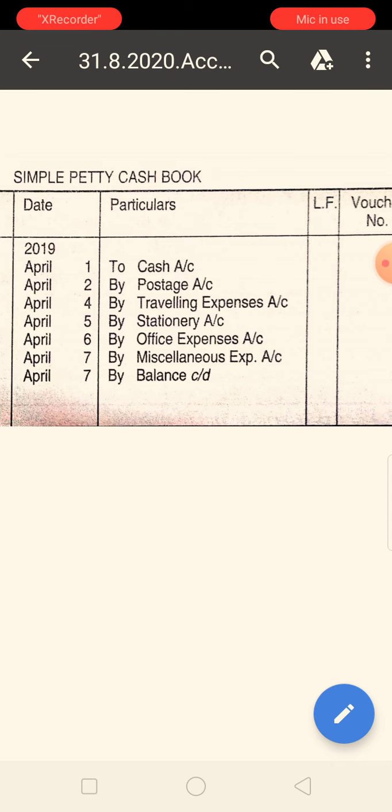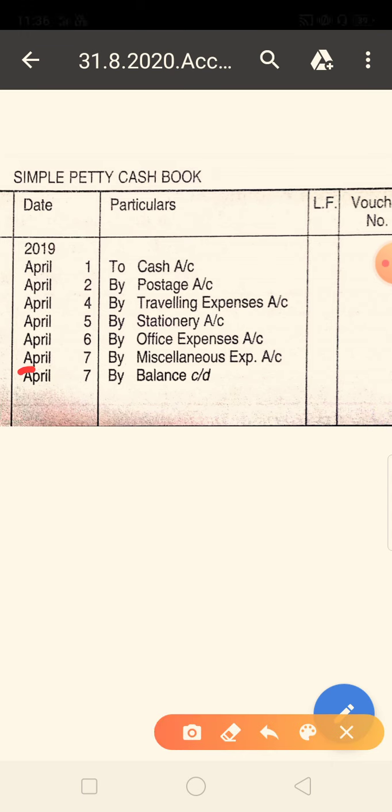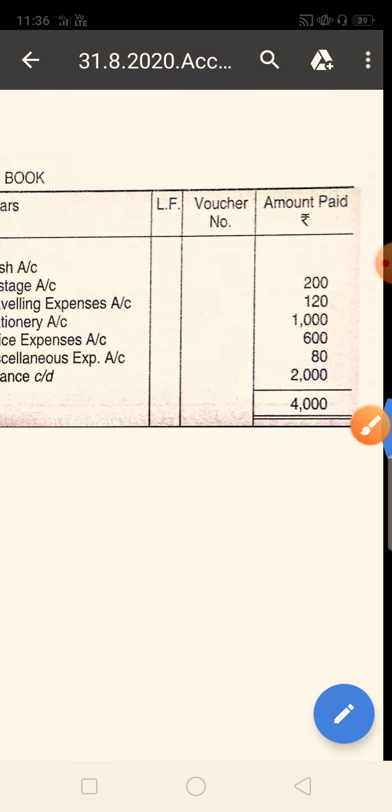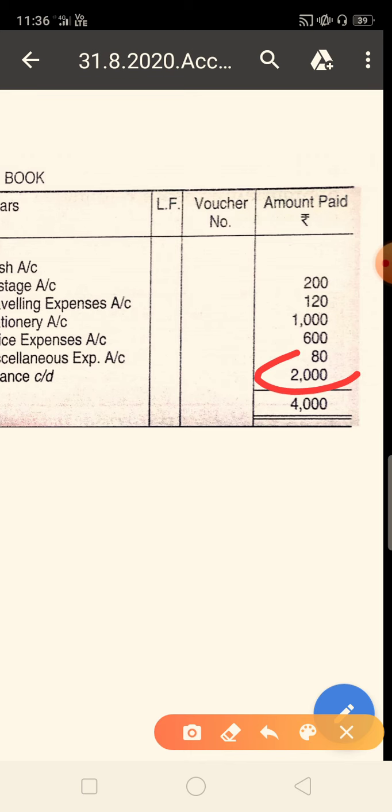Then my dear student, this is a very important thing, that again the question is completed, but this is 7th April and this is by balance c/d. What is this? And amount is 2000 rupees. ये कहाँ से आया?